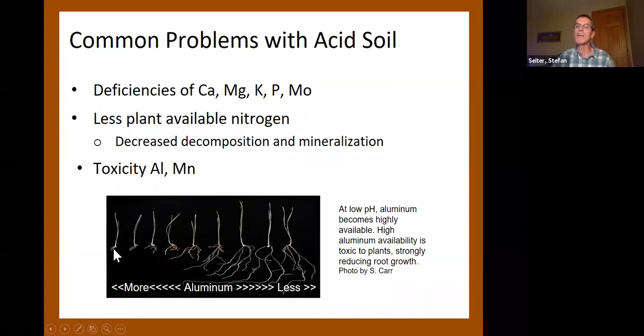And you can see here, basically at high aluminum levels, very low pH soils, the root growth basically stops. And here you see it in the range where it likes to be, and you have a lot of root growth. So those are the main reasons, these three, why you have these problems in acidic soils.